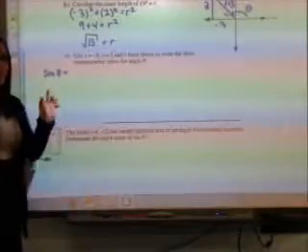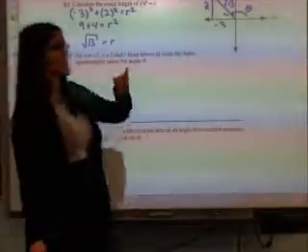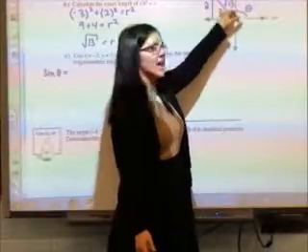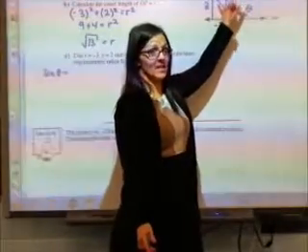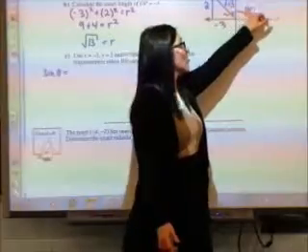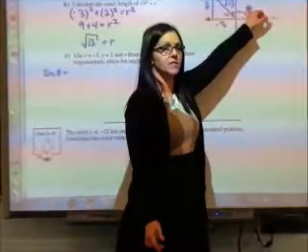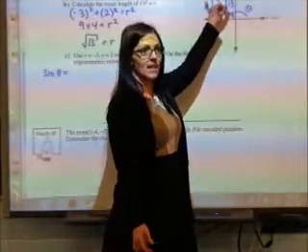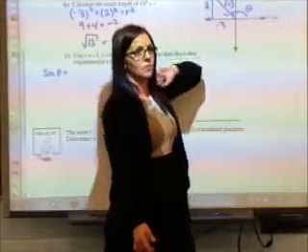But yesterday when we were doing the CAST rule and some of our investigation, we determined that the positive reference angle would, in this case, equal the positive sine theta. Cos would then be the negative cos theta because of the CAST rule.